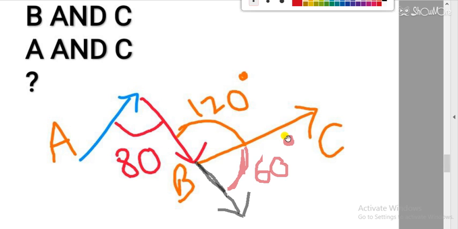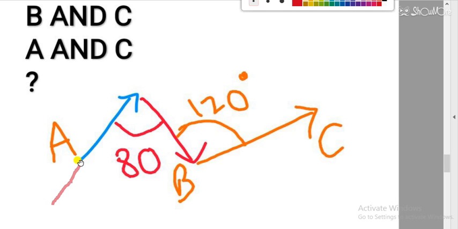Now students, I have to find the angle between A and C. So I am erasing it now. To find the angle between A and C, let's make a triangle. Suppose this is vector A and this is vector C. I am moving vector C backward.